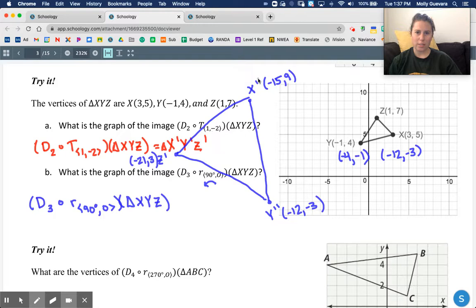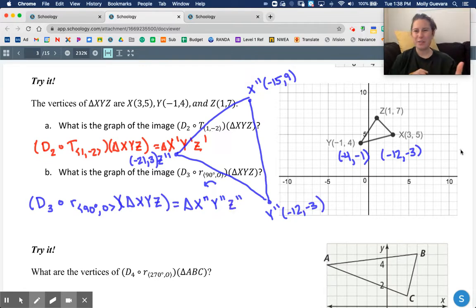So all of these have to be double prime. That's okay. So this equals triangle X double prime, Y double prime, Z double prime. And there it is.